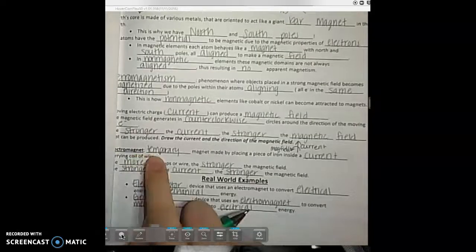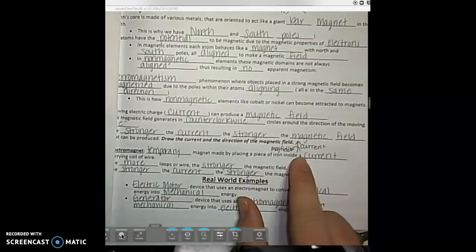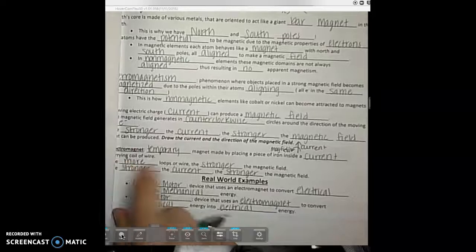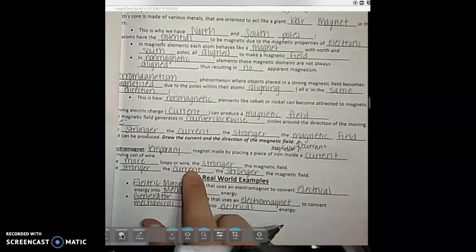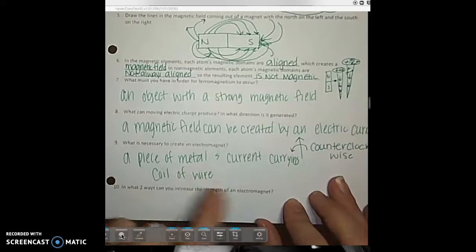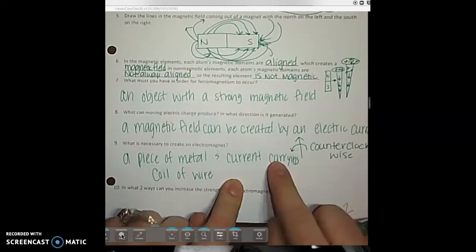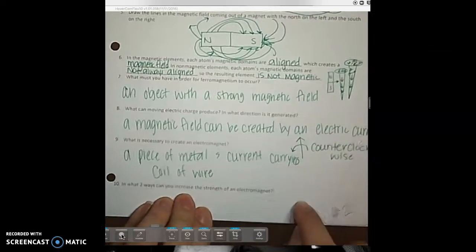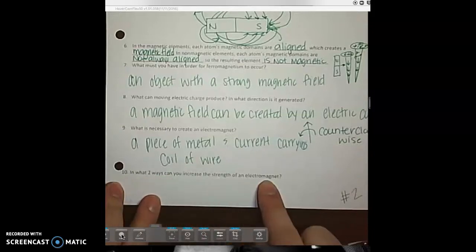It says electromagnet, a temporary magnet made by placing a piece of iron inside a current. The more loops you have on the wire, the stronger the magnetic field, and the stronger the current, the stronger the magnetic field. If you don't remember that, go watch your video notes. It shows you a picture and it shows you how the current works counterclockwise, and you have the wire around a nail.